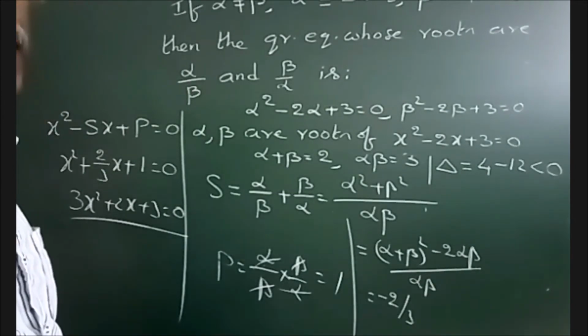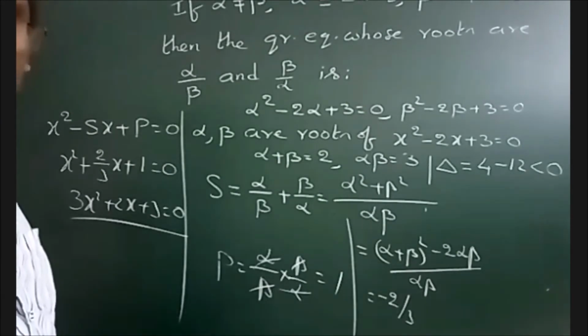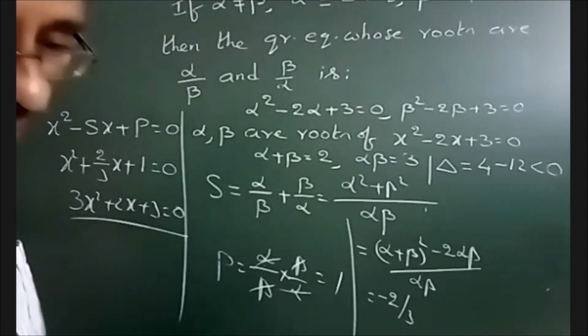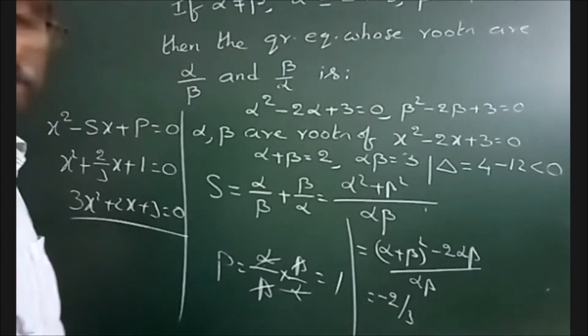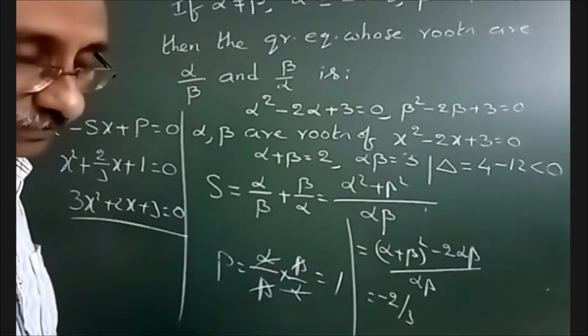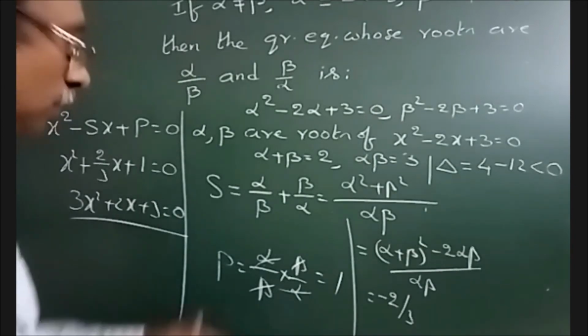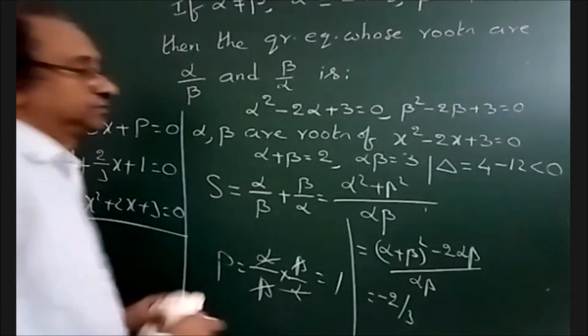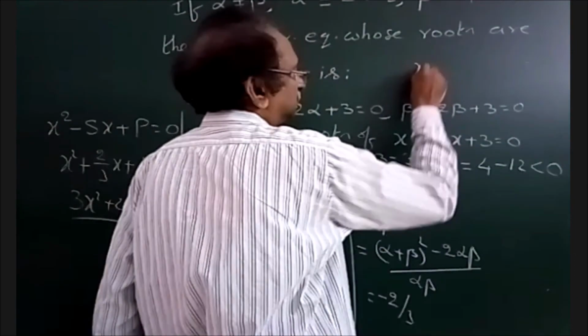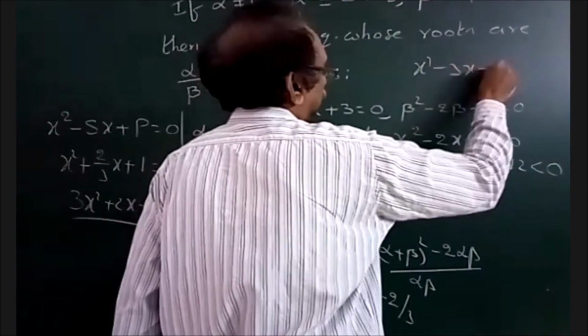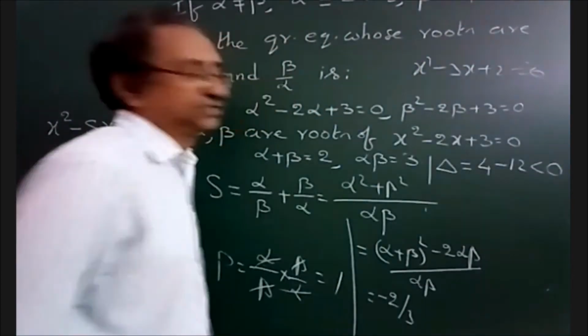Now it is difficult. It is not impossible. We can do it like that, but it takes some time. Okay. Yes, sir. So because the roots are difficult to find, we can adopt this method. Suppose the roots are easy. Suppose the equation is x square minus 3x plus 2 equal to 0.